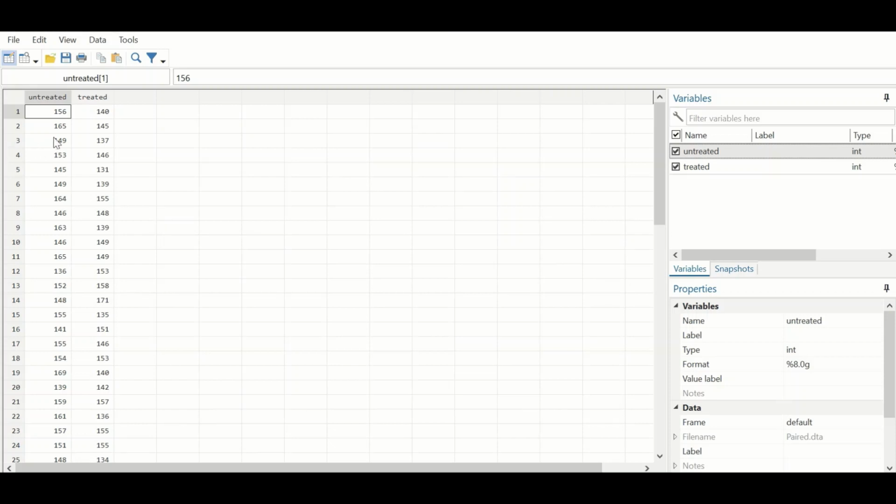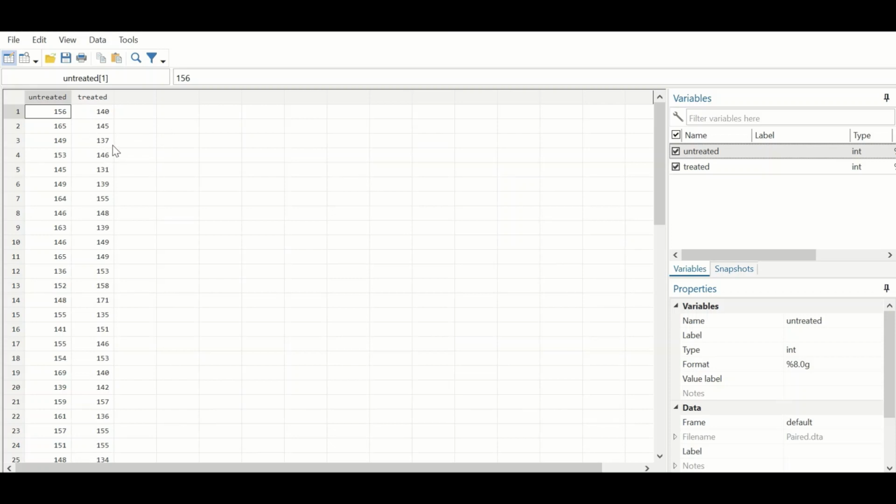So a candidate has been recruited with a high blood pressure for the untreated, and their blood pressure was measured, and then the drug was administered to these participants, and the systolic blood pressure was measured post-treatment. So we have here two conditions, pre-treatment and post-treatment, and in both cases the systolic blood pressure is measured.